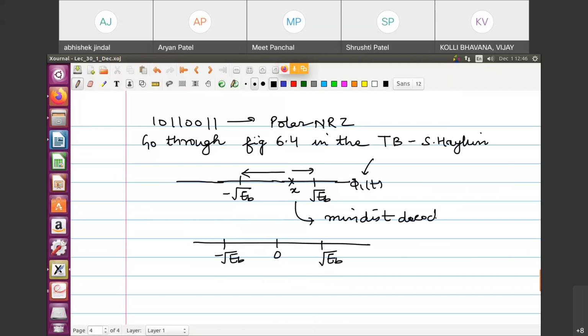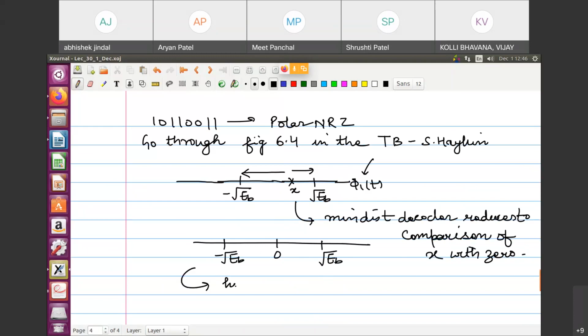Since this decoder reduces to comparison of x with 0, I will write it down.